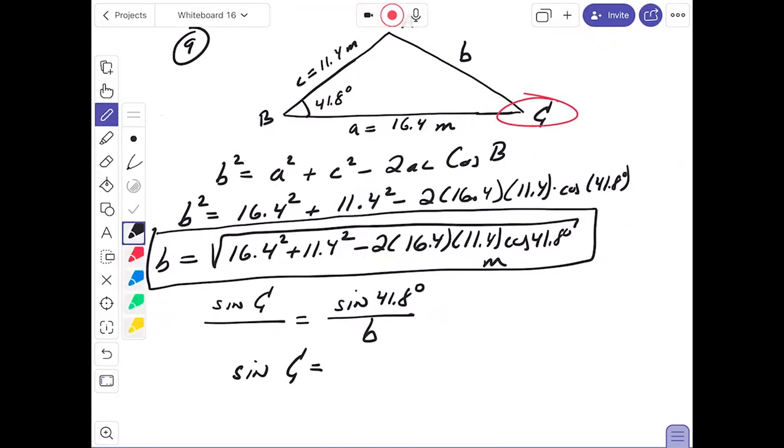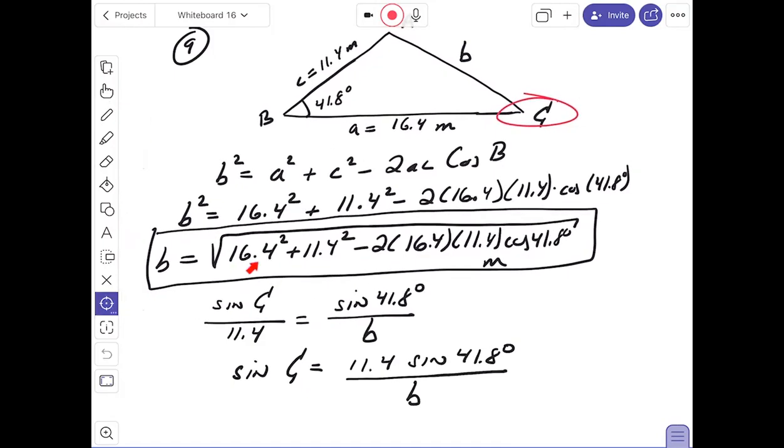It's 11.4, right? So sine C over 11.4 equals sine 41.8 degrees over B. Now, someone says, do you know what B is? I do, but I don't want to write it down. It's right over here. This whole nightmare here. I'm just using the letter B. It's in a box so I can use it.